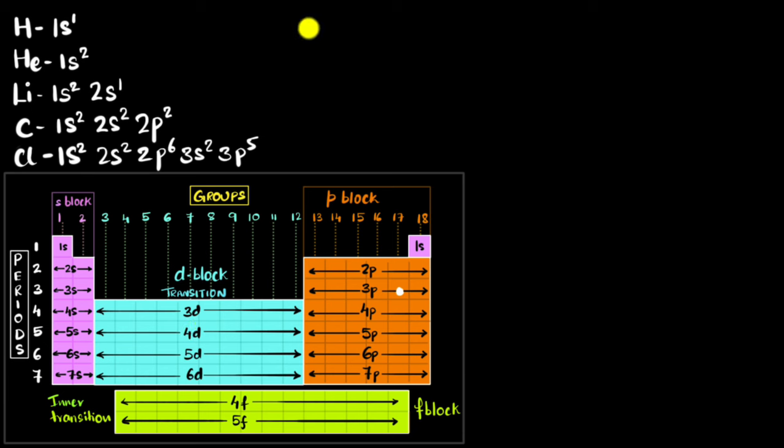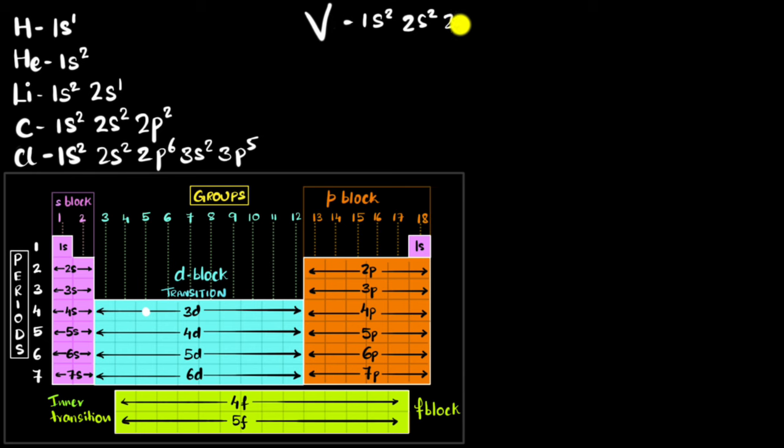So let's take an example. Let's consider vanadium. Vanadium lies over here. Okay, so let me erase this. And now that I know where it is, everything else, the procedure stays the same. So we start from here. We have 1s2. Then we go here, 2s2. Then 2p6, 1, 2, 3, 4, 5, 6.